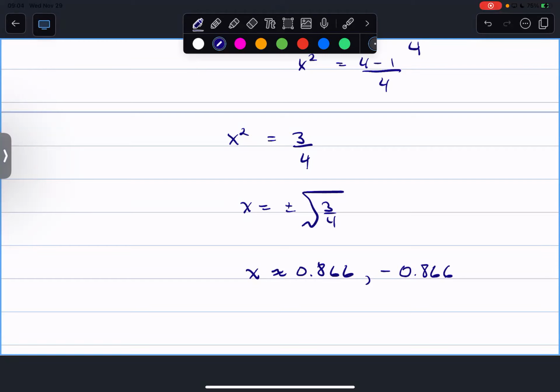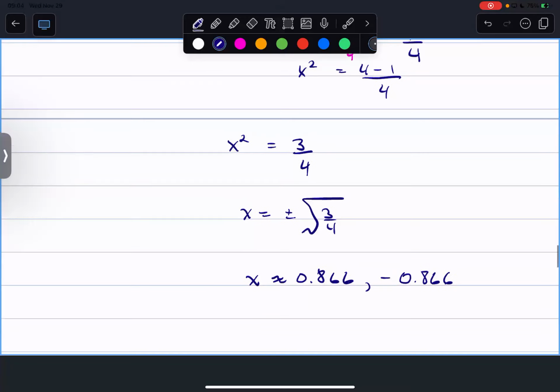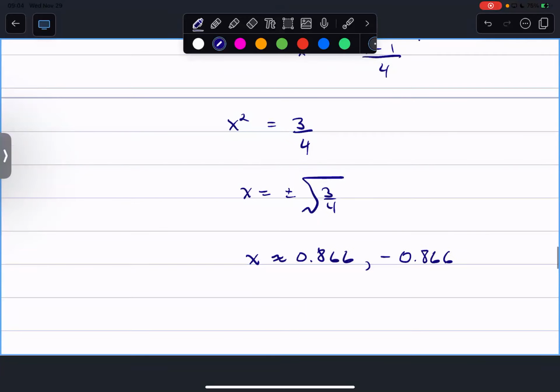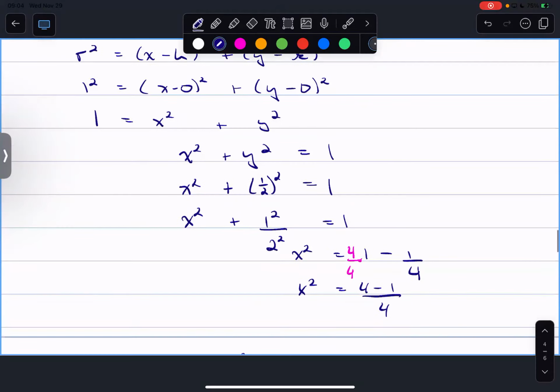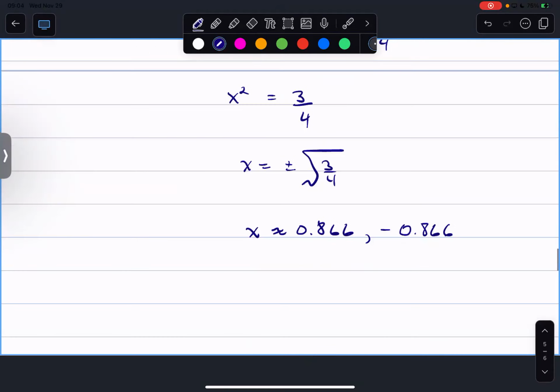Makes sense, because if you're centered at the origin, 0, 0, then moving out a radius of 1 should get you to the same value of x. Okay. Nice. Good.